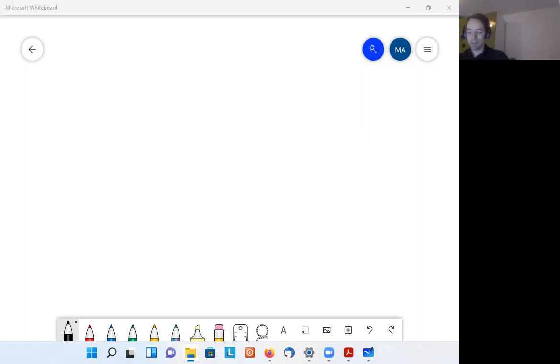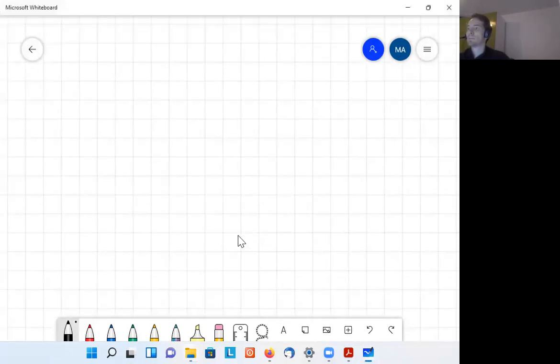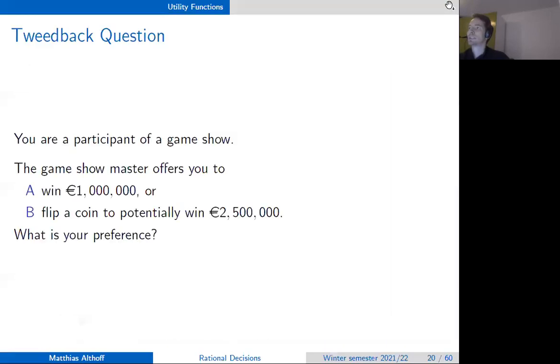But because of this pad that I use, which does not have such a good support in Ubuntu, I often have to use Windows, and I had to rearrange my screens, and now my pen doesn't work anymore on the whiteboard. So let's move this away, and I try to do it differently.